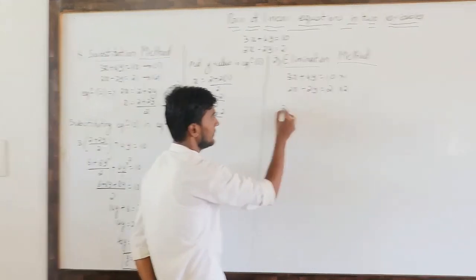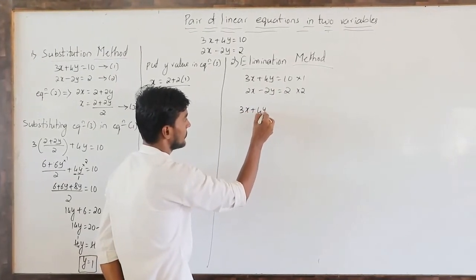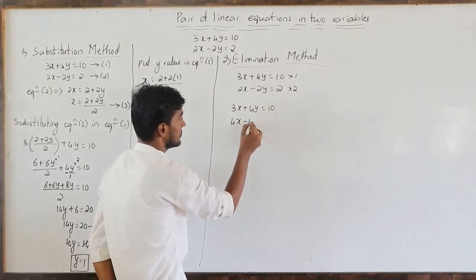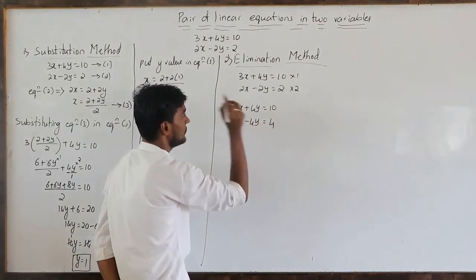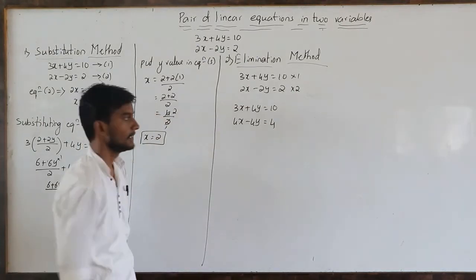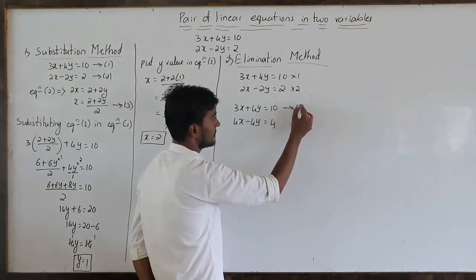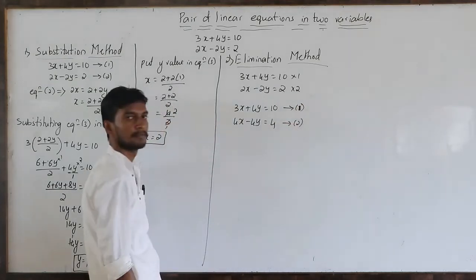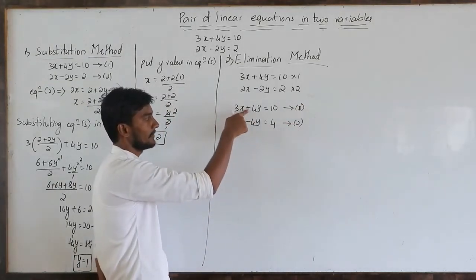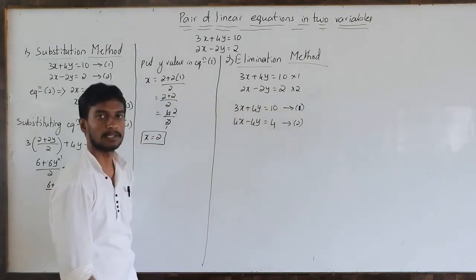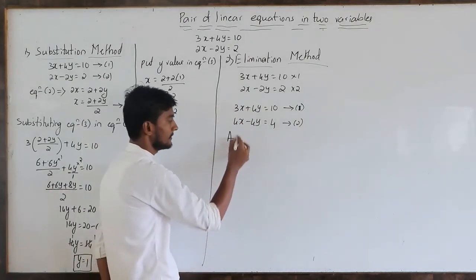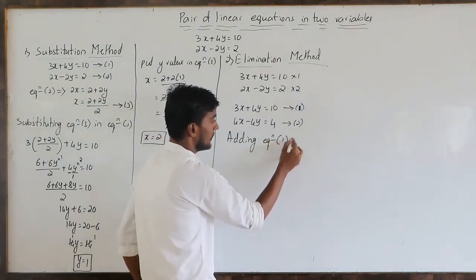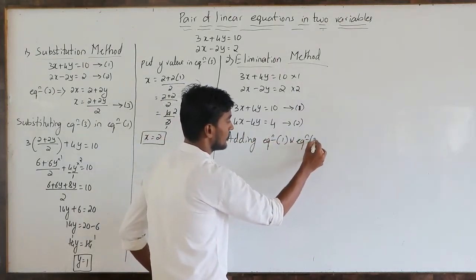If you multiply 1, 3x plus 4y is equal to 10. If you multiply 2, 4x minus 4y is equal to 4. Take it as equation number 1 and equation number 2. So now to get it cancelled, one is plus, one is minus, you have to add. Adding equation 1 and equation 2.